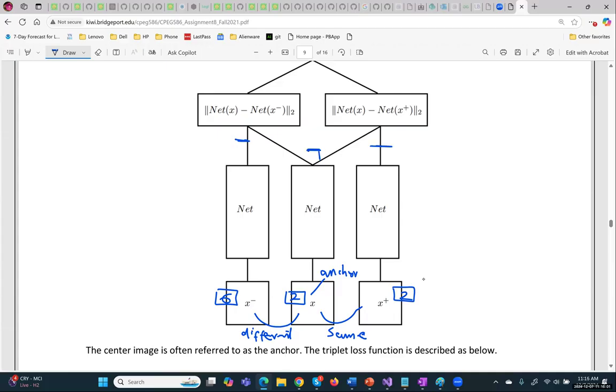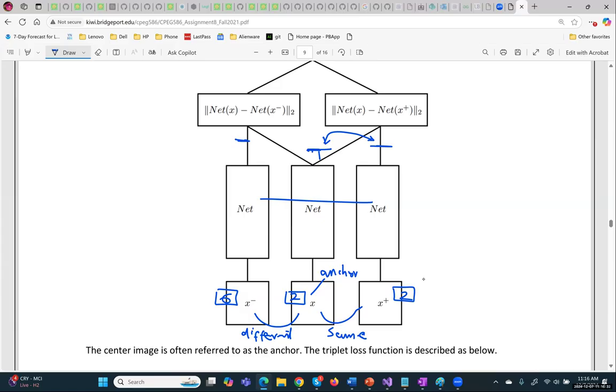Now my question to you is, as all these have the same weights and biases, as we are training, during the learning process, what is it doing as far as the distance between these two is concerned? Is it trying to reduce the distance during learning, or increase it?